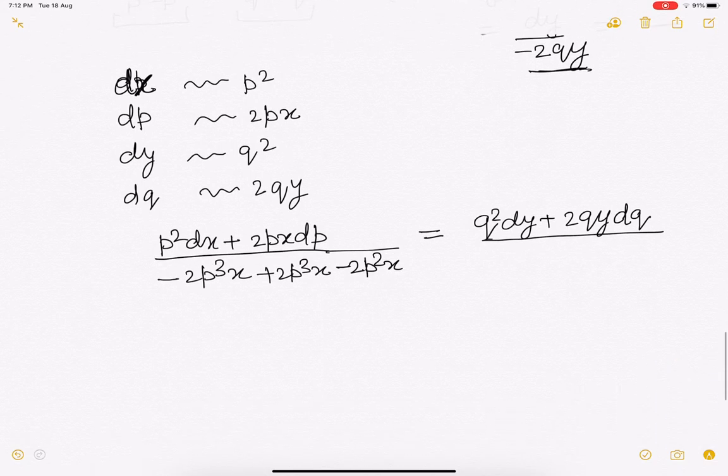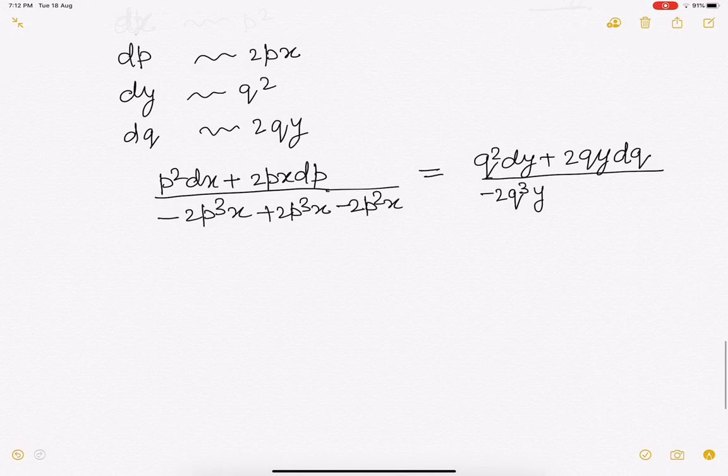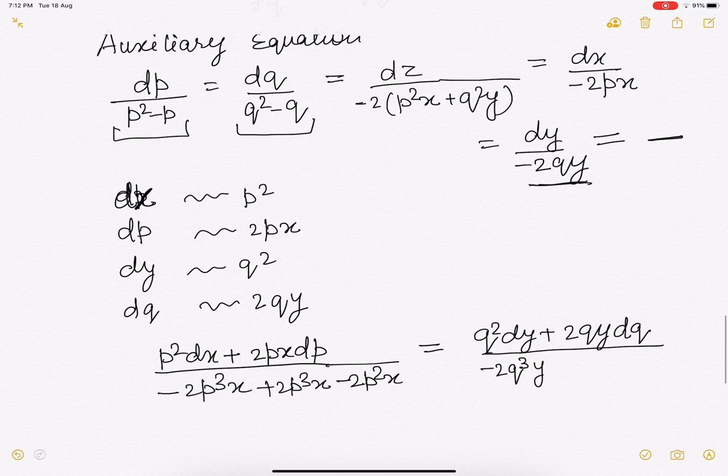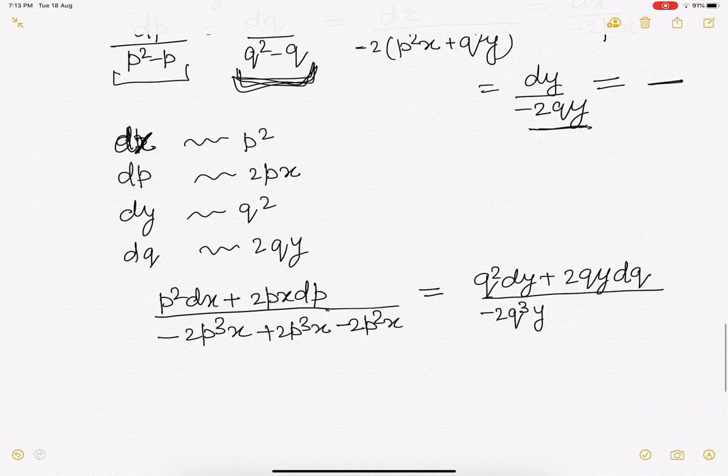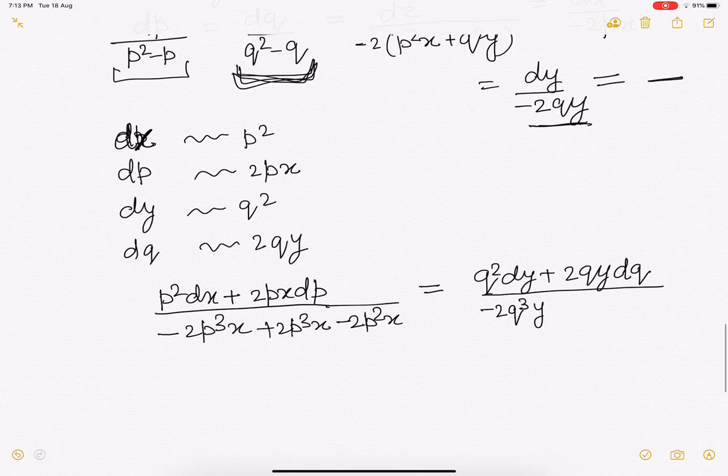We multiply and get minus 2q cube y, and then we multiply this term dq with 2qy. How we are taking multipliers, and why and how we are taking this, you may see from the previous videos. So we multiplied with 2qy.